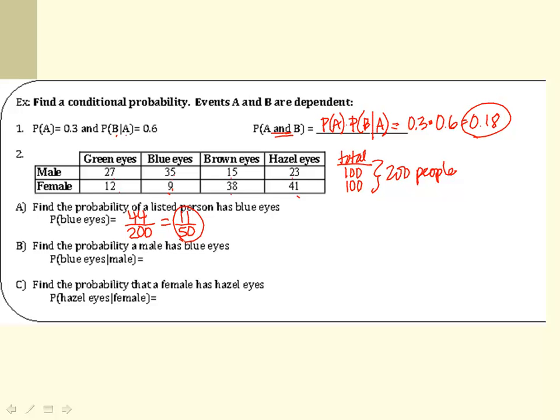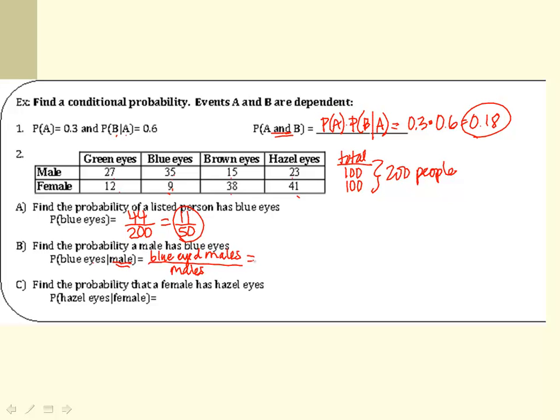So let's do this conditional probability, which says there's a fact. This is asking how many blue-eyed males out of just males. So we want to talk about blue-eyed males, and I'm going to write this out so that you can see it, out of just the total number of males. Because we're looking at a subgroup, a smaller sample, it's been affected.